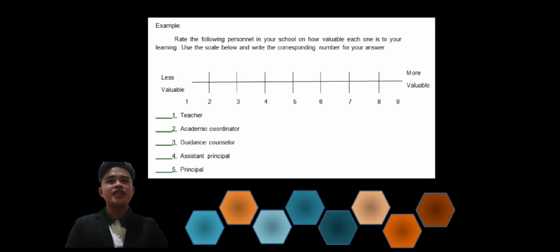So I have here the scale less valuable for 1 and more valuable for the highest rating, which is 9. So we have here the teacher, academic coordinator, guidance counselor, assistant principal, and the principal. So you are going to choose your rating from less valuable to more valuable.